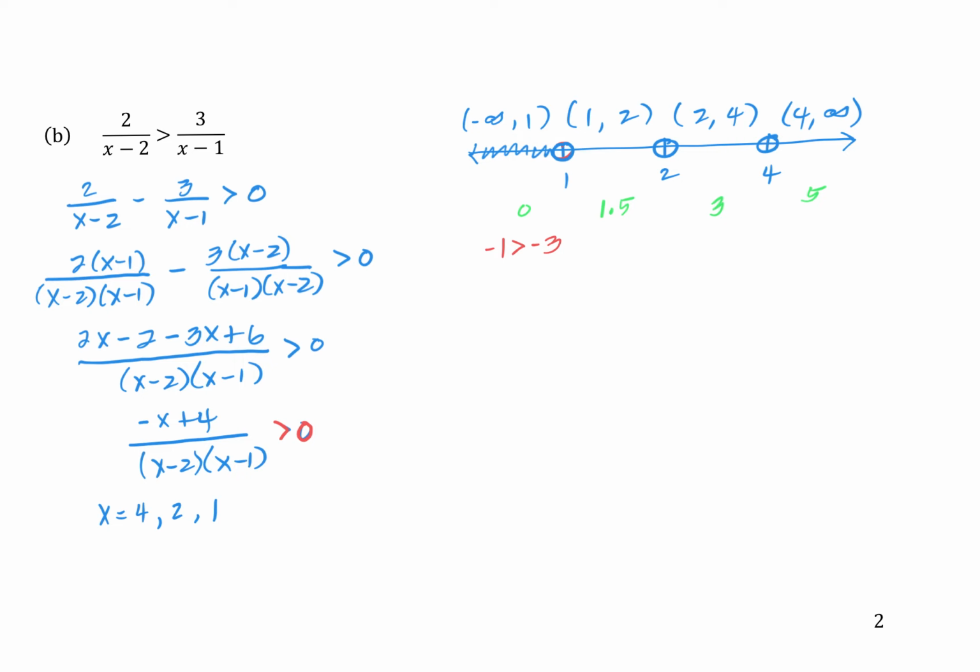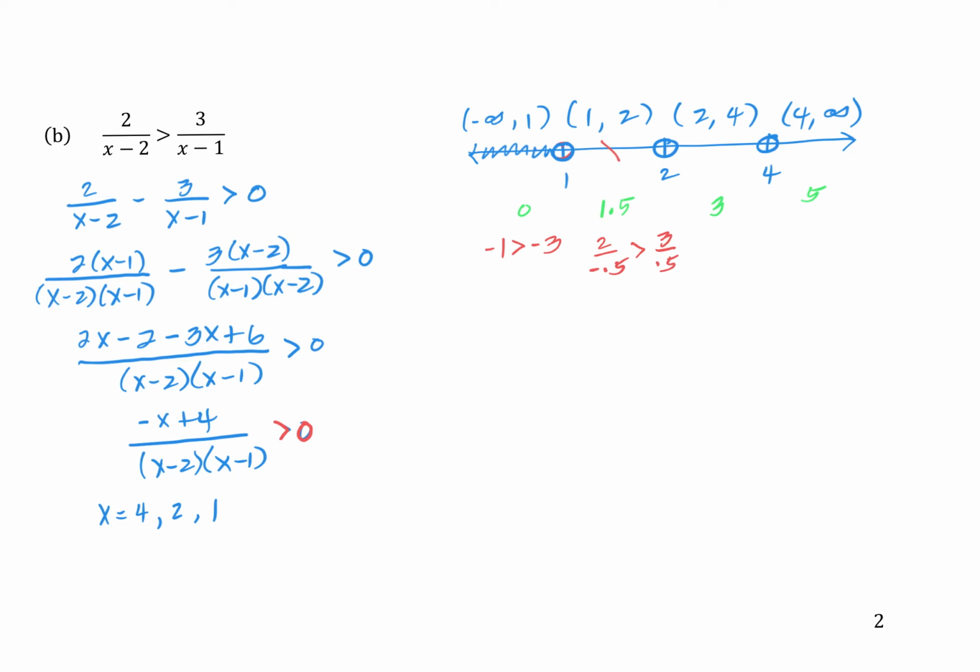If I put in 1.5, I'll get 2 over 1.5 minus 2 is a negative 0.5. So it's going to be 2 over a negative 0.5. And I'm not going to figure out what that is unless I have to. 1.5 minus 1 would be 3 over a positive 0.5. So again, you can put this in a calculator, but what this is saying is a negative number is greater than a positive number, which is false.